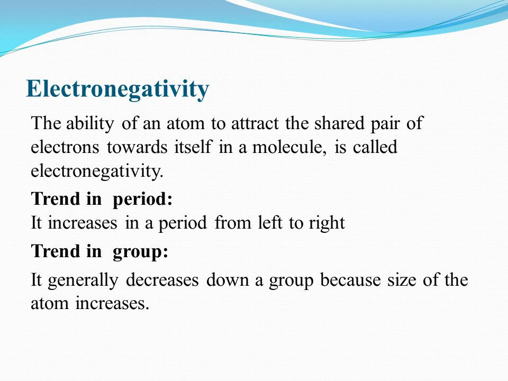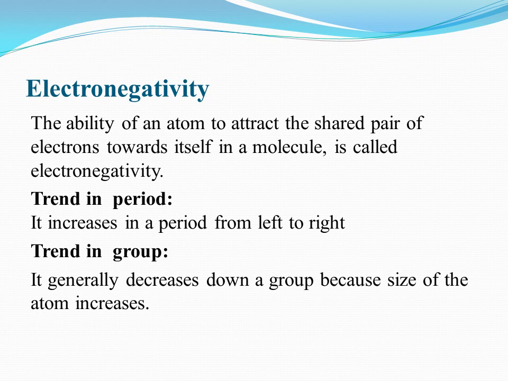Electronegativity. The ability of an atom to attract the shared pair of electrons towards itself in a molecule is called electronegativity. It is an important property, especially when the common type of bonding of elements is under consideration. Trend in period.